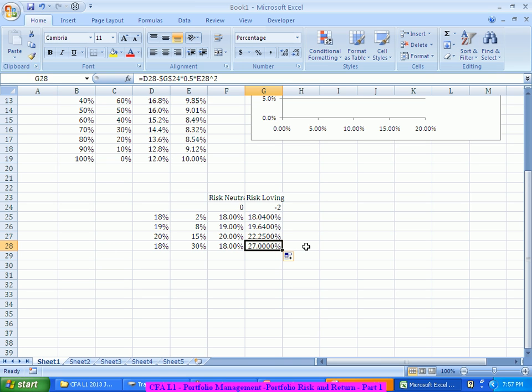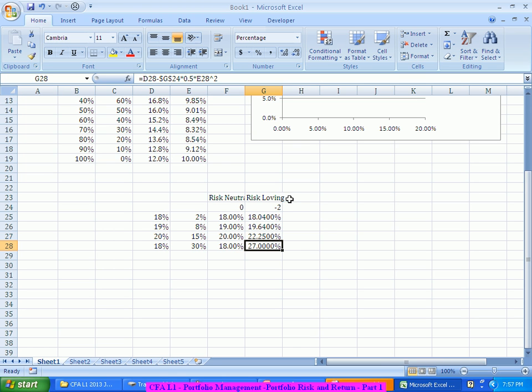Though there are two securities with 18% return, he chooses the one with 30% risk in it, for the simple reason that the average is 18%, but because the fluctuation is 30%, he is thinking he may get 50% also. He wants to target that number. He is ready to take that kind of risk. That is what we call a risk loving investor.